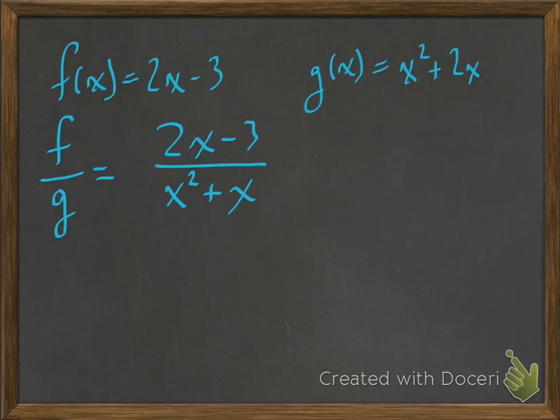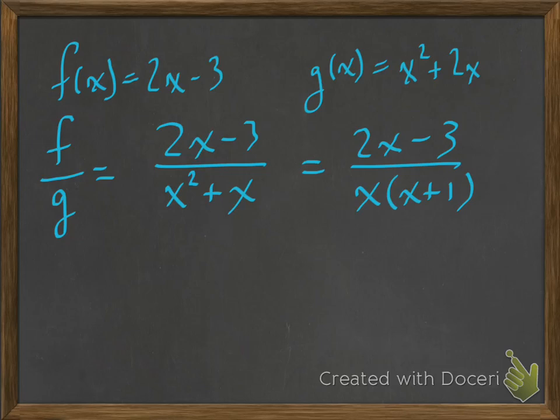I can factor out an x on the bottom. I can say this is x times x plus 1, but that doesn't really help me simplify the fraction at all. It just means the bottom is now factored. So it didn't help me simplify. However, it did allow me to identify the other feature of a rational function: since it is one function divided by another, we have to make sure that we are not dividing by 0.